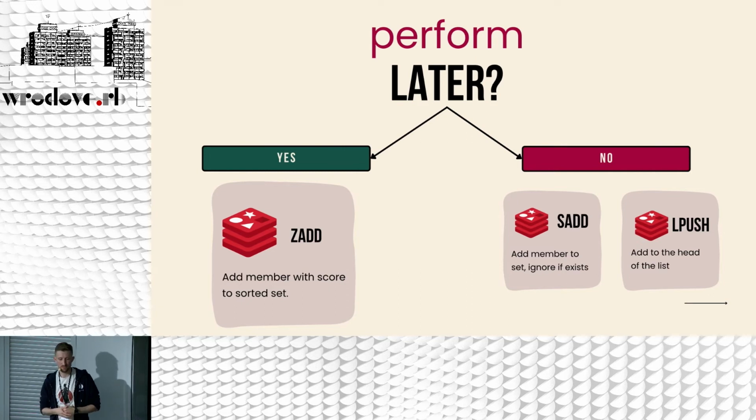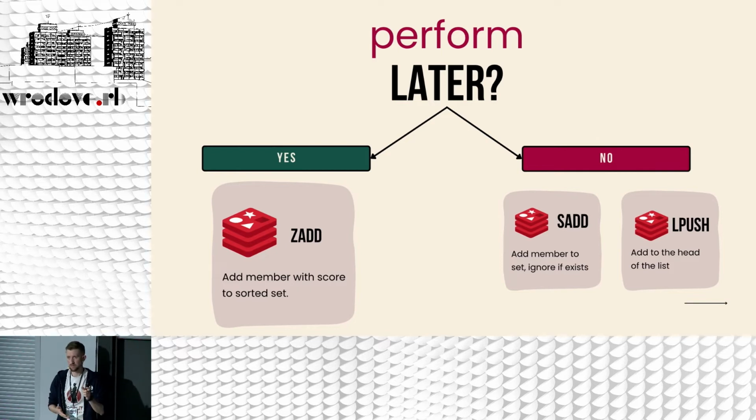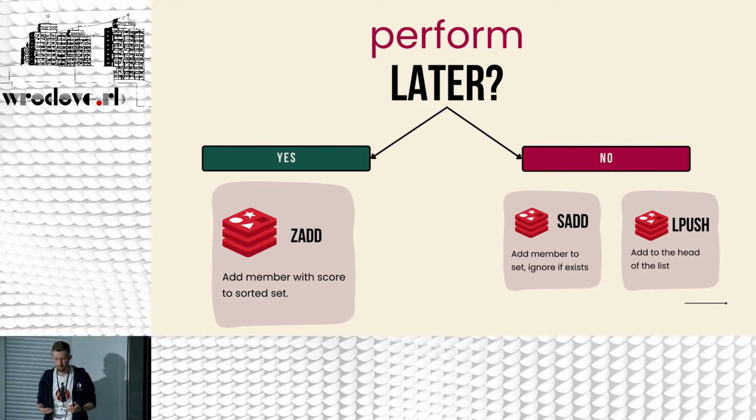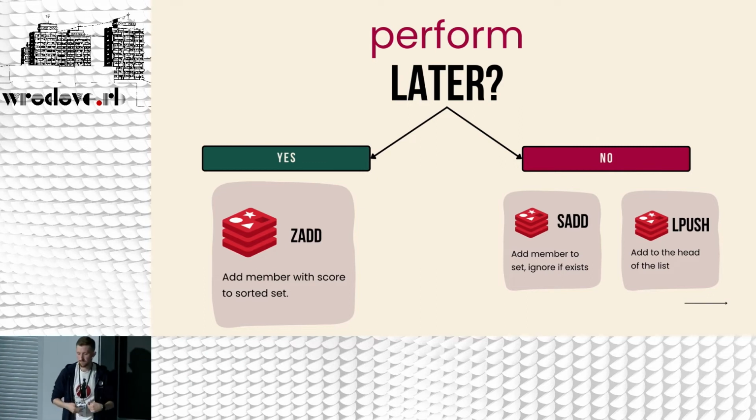It simply adds a member with a score to the sorted set. And the score simply means the time of the job execution translated to float. Thanks to that, we can easily end up with a sorted set of numbers from which we can select the right job for execution.